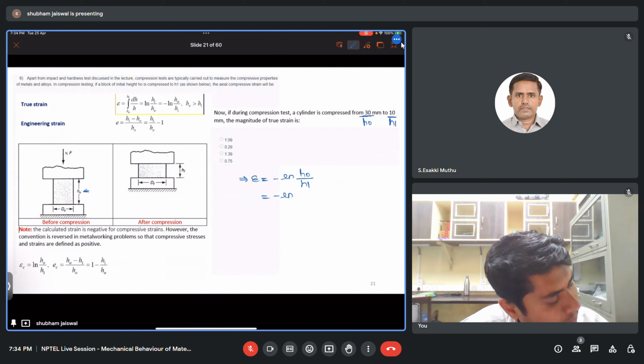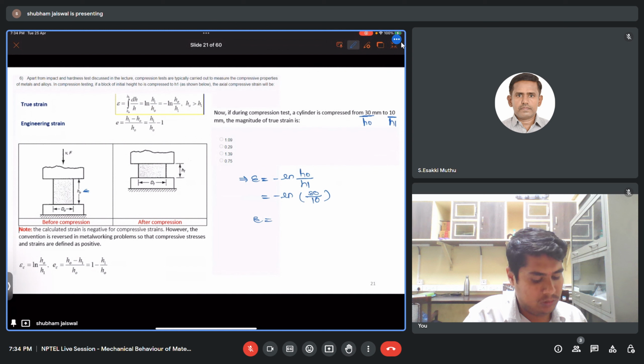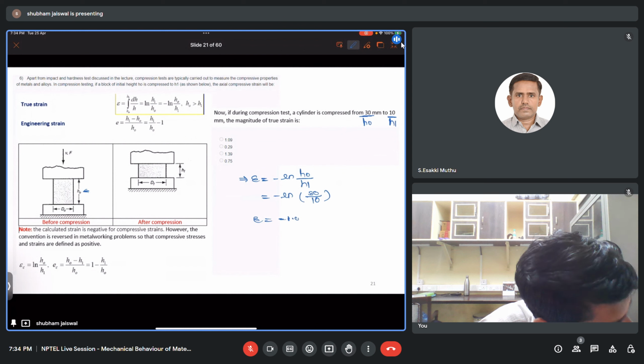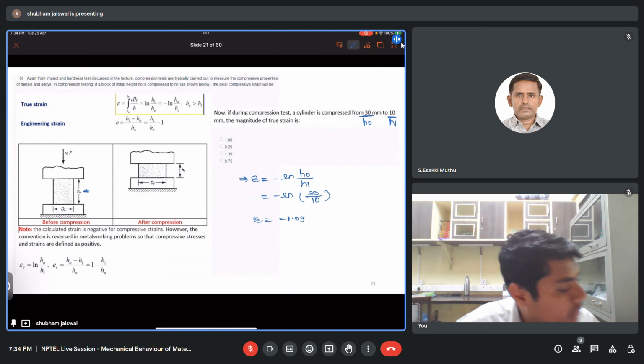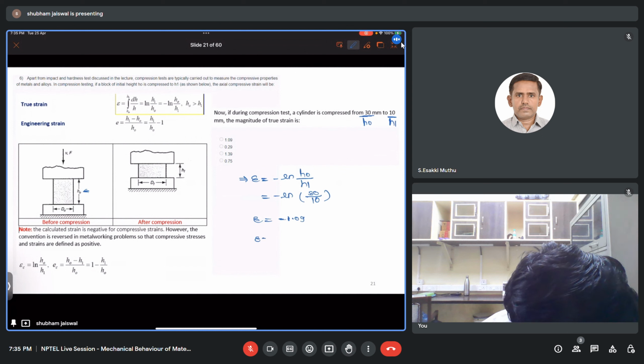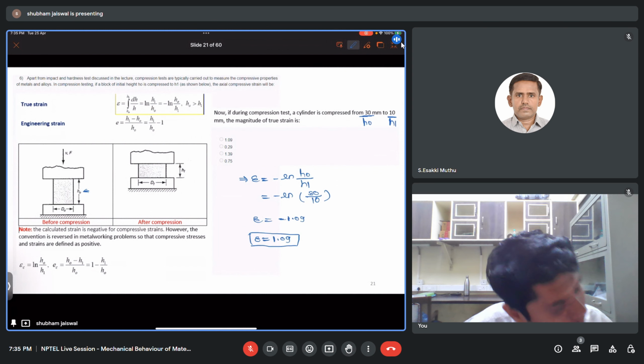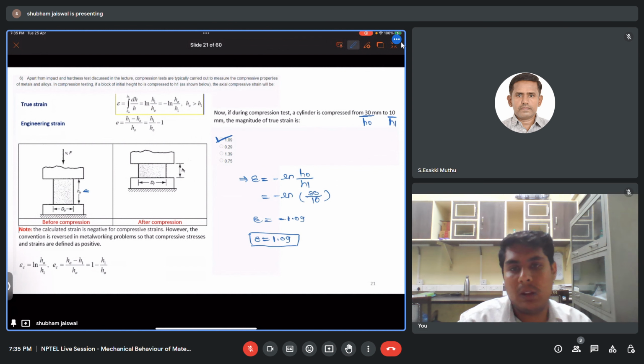So minus ln of 30 by 10 gives an answer of around minus 1.09. But in the case of metalworking, we define stress and strain as positive. So represented as a positive quantity, it will be 1.09. So the correct option is the first one. You are right, Mr. Muthu. Now moving towards the next question.